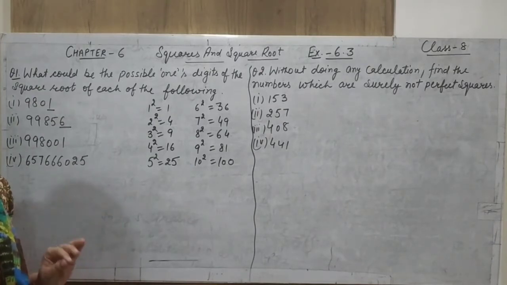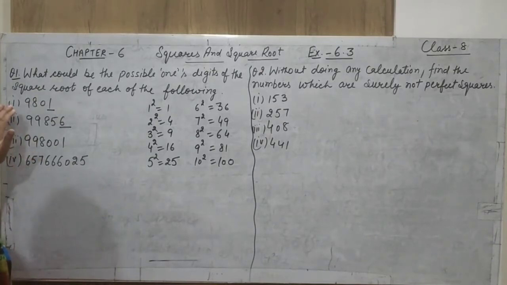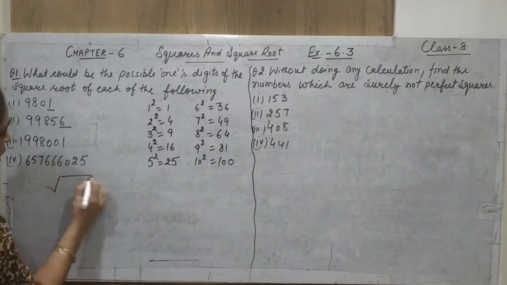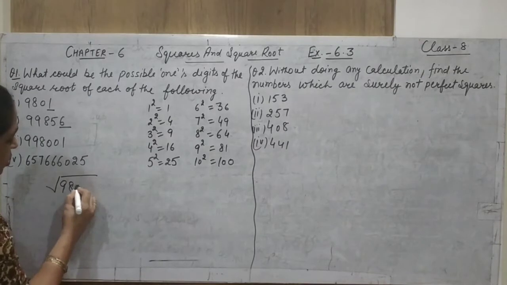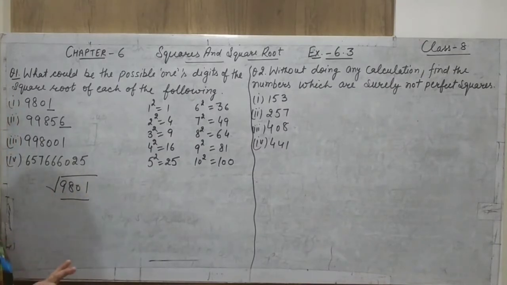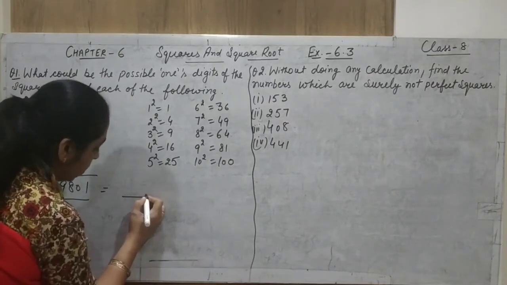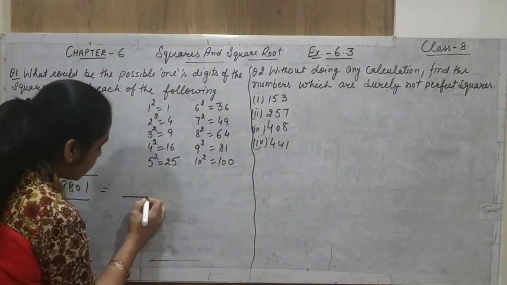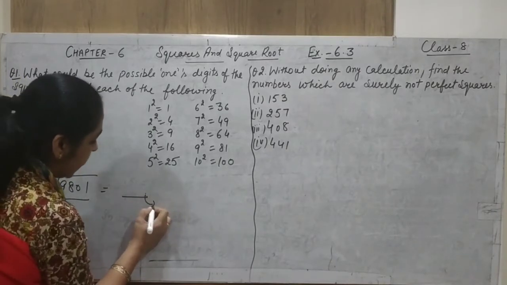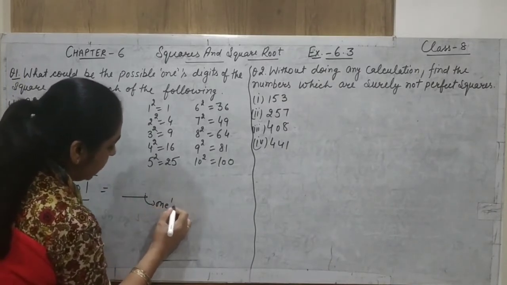You just find out the square root when we do the square root of this. Suppose we are doing the square root of 9801. We don't know about the number which is the square root. But the unit place, whatever the places are, that is the ones place, the end ones place.